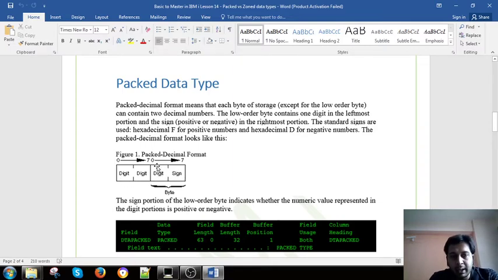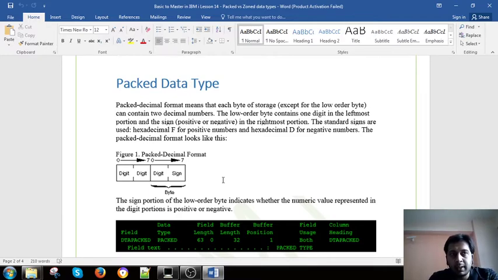In the lower order byte on the right side there should be a digit value, and for the rest of the bytes there can be two digits per byte. For example, consider a length of 3.